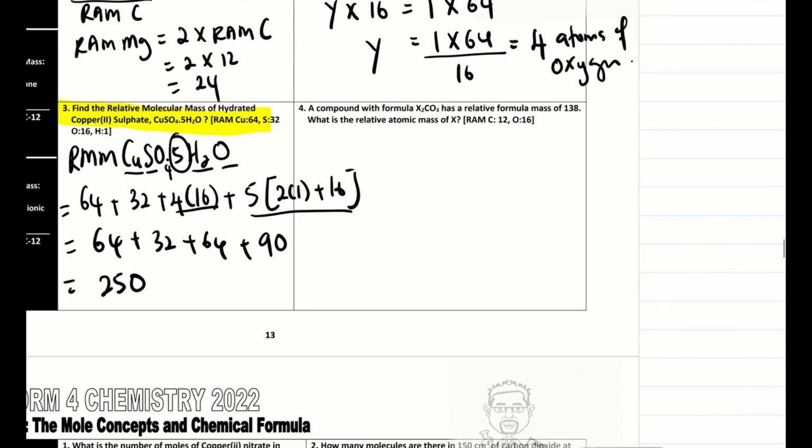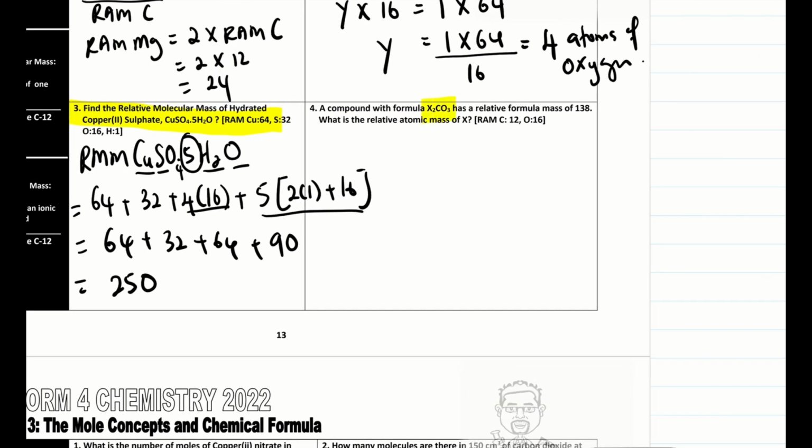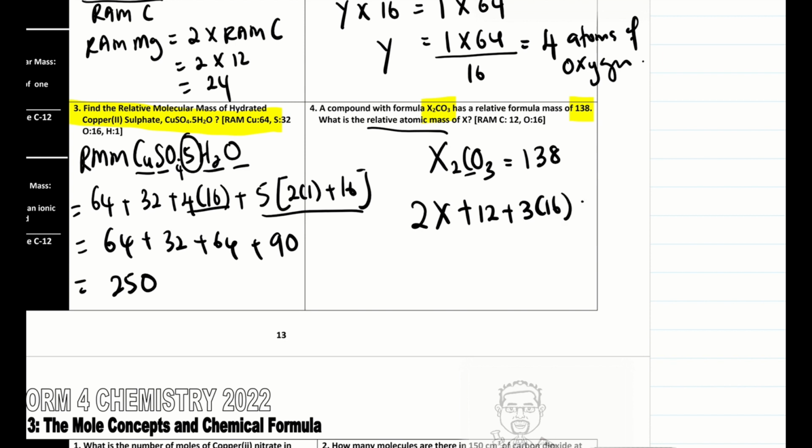All right, we move on to the next question. A compound with the formula X2CO3 has a relative formula mass of 138. We need to find the relative atomic mass of X. So we have 2X, plus the RAM of carbon, 12, plus 3 times 16, the RAM of oxygen, equals 138. So 2 times the RAM of X, plus 12 plus 48, we calculate this and get 60.